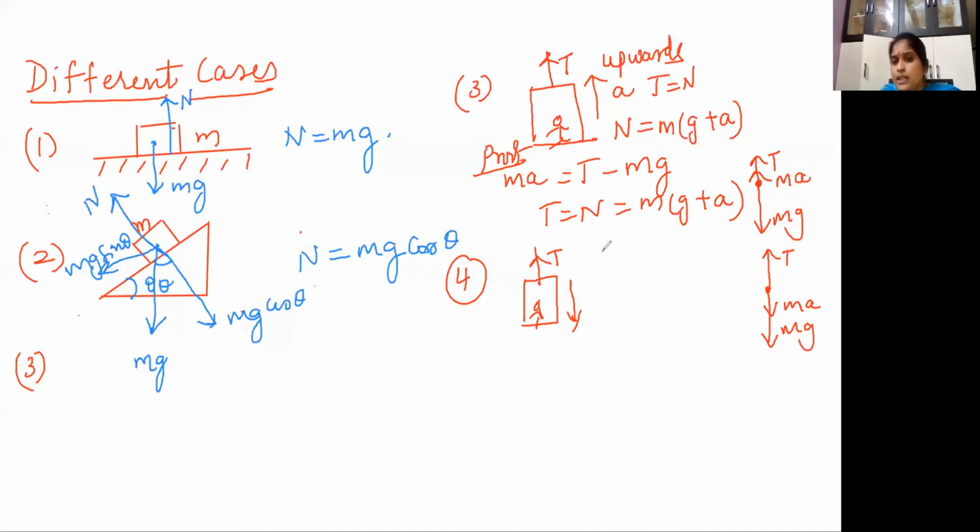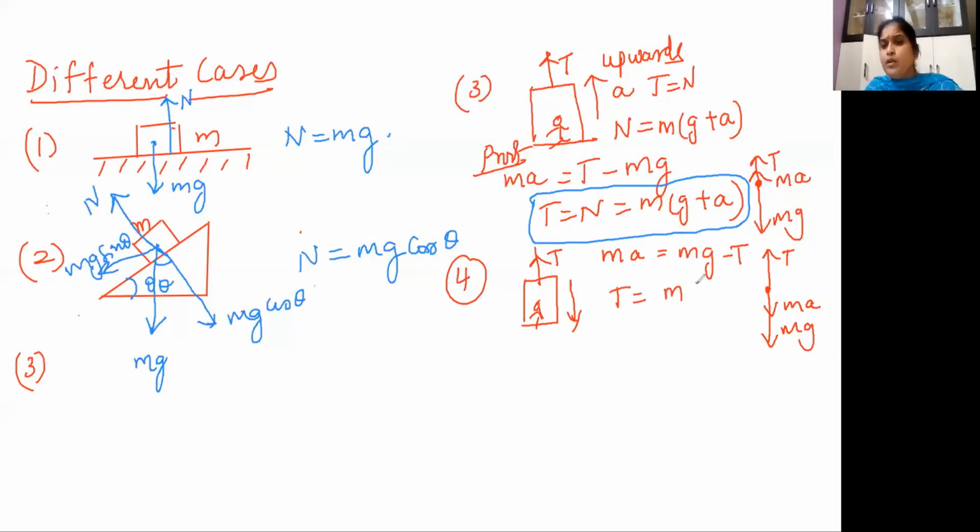So ma is equal to mg minus T. In this case, the tension itself is the normal force. So T is equal to m into g minus a, which is the normal reaction. Here the normal reaction is less than weight.